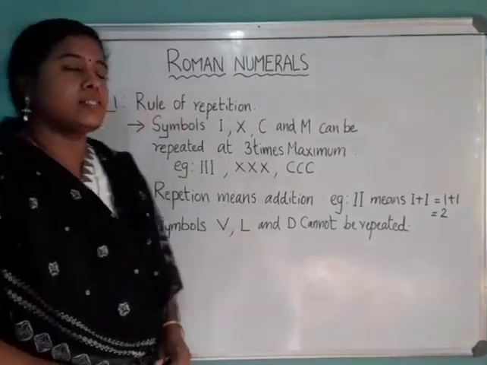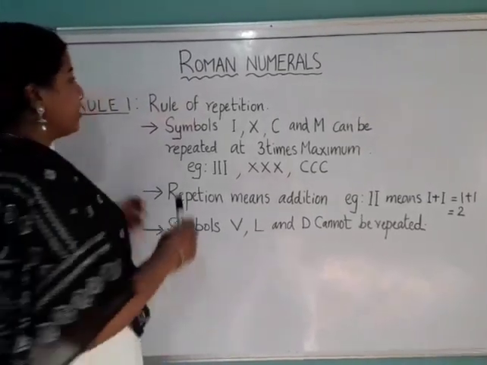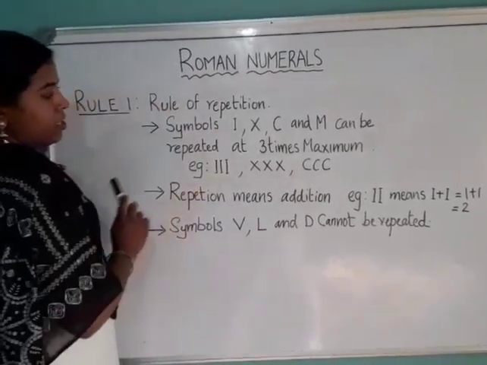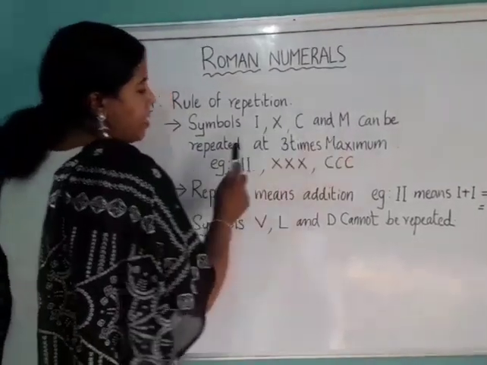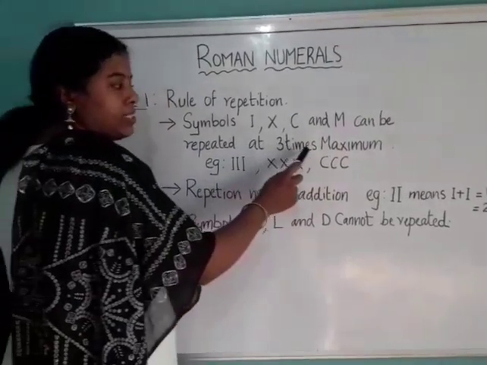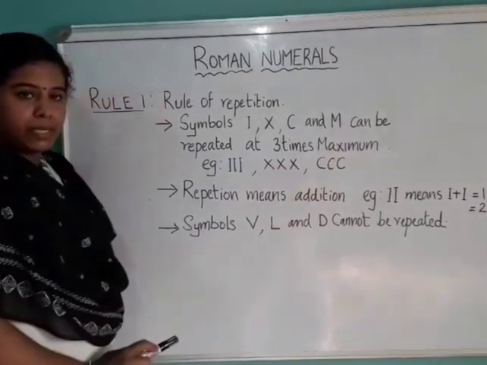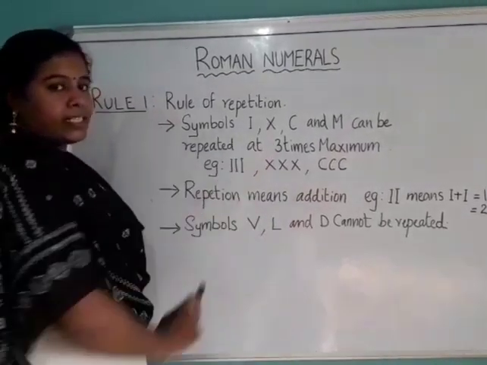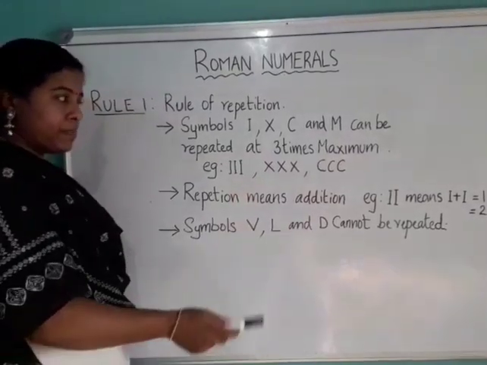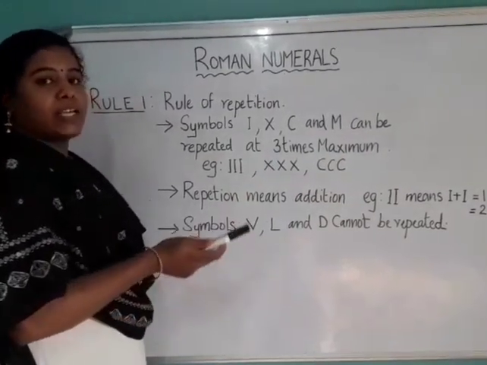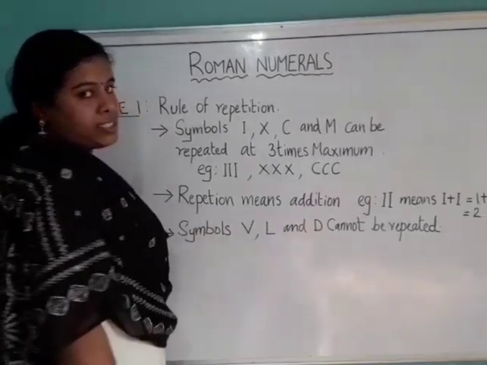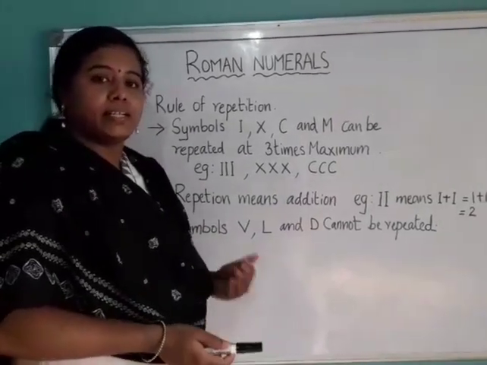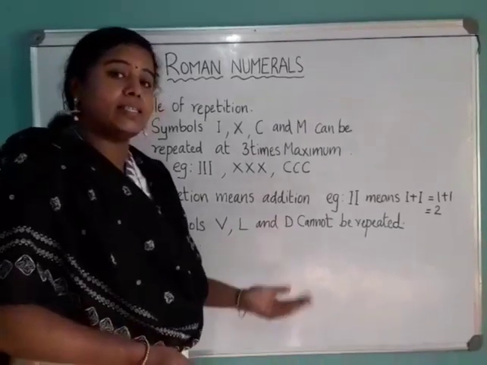The first rule is the rule of repetition. According to this rule, symbols I, X, C and M can be repeated at most 3 times. That means while writing the numeral, we can repeat these symbols, but a maximum of 3 times. Repetition means addition. If you are repeating the symbol, we have to add the values.